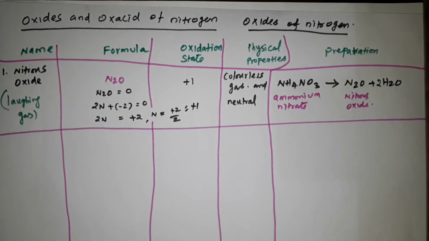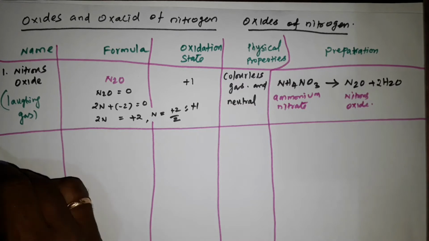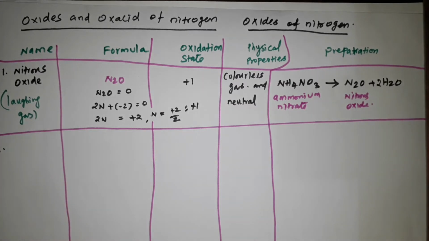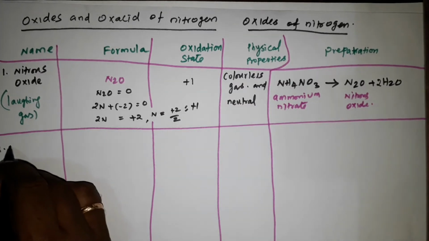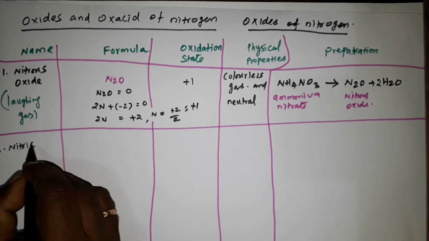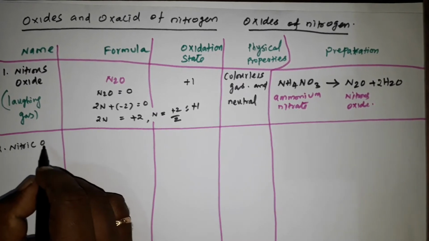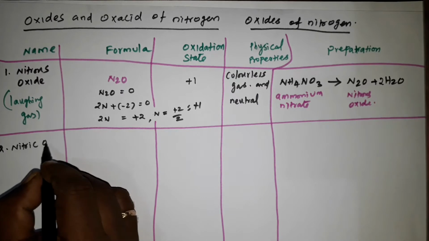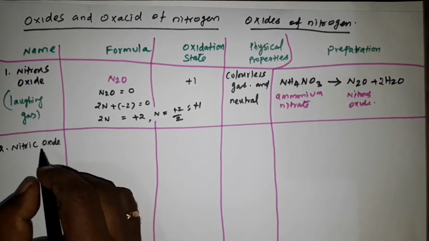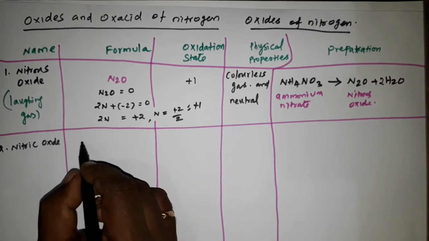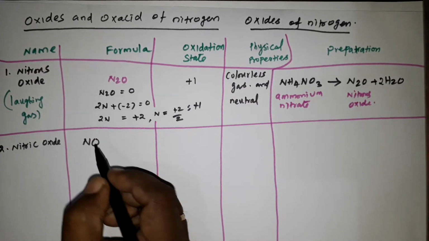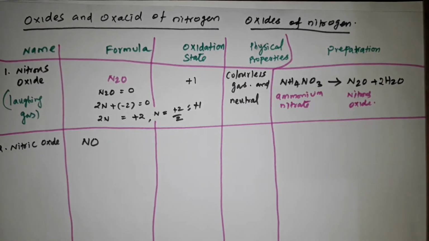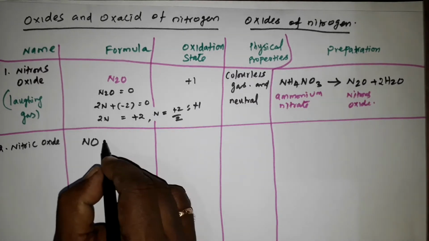Then number 2 is nitric oxide. The formula is NO. Here calculate the oxidation state: keep NO equal to 0.